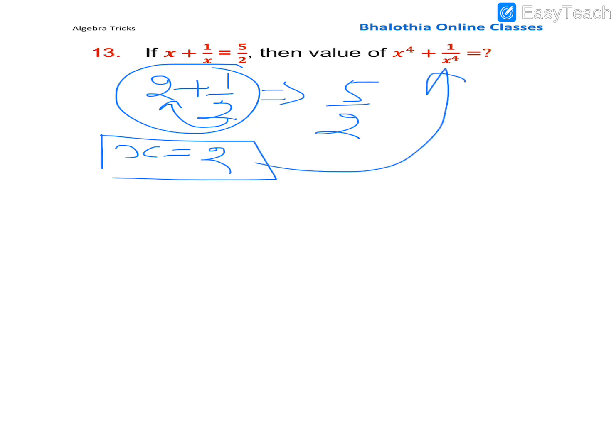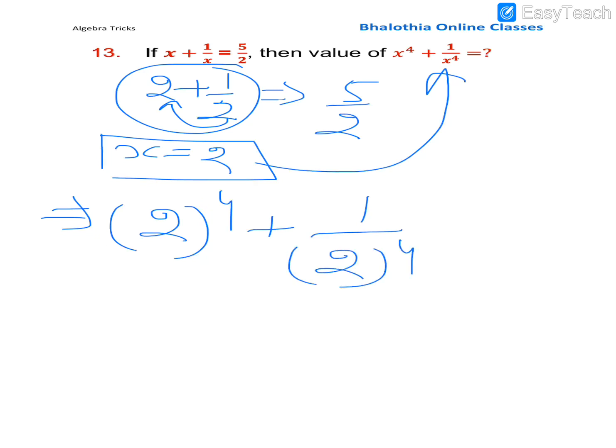Okay, so we will just put the value of x in this expression, and what will it become? 2 raised to the power 4 plus 1 upon 2 raised to the power 4, right? That is our answer. Just solve it. 2 raised to the power 4 means 16, plus 1 upon 16, right?